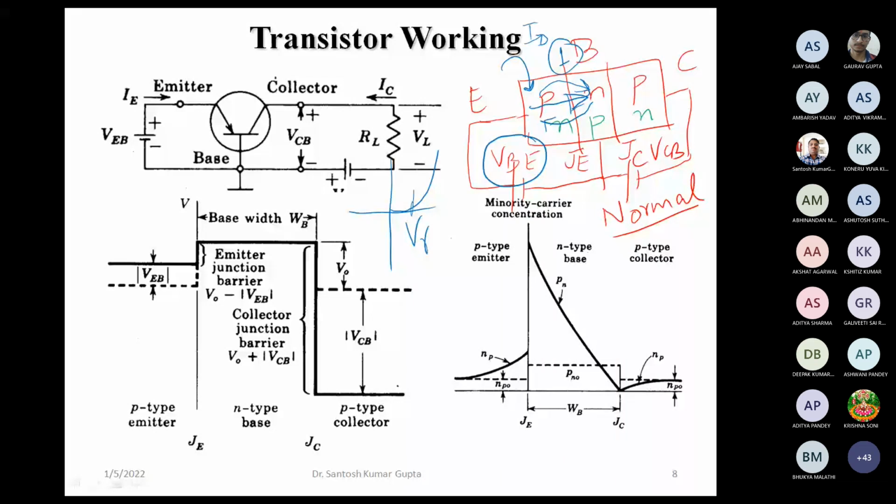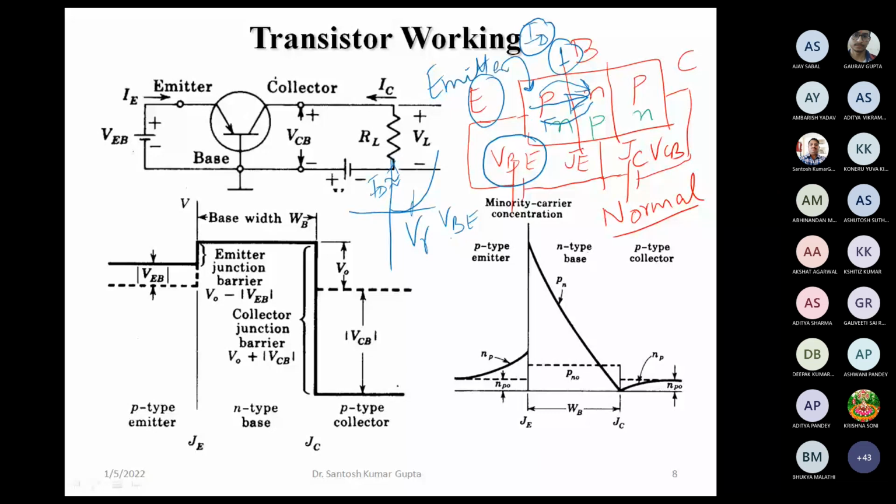This diode current will increase with this. Eventually, this diode current which we are showing here is flowing through the emitter. So this is also called emitter current IE.